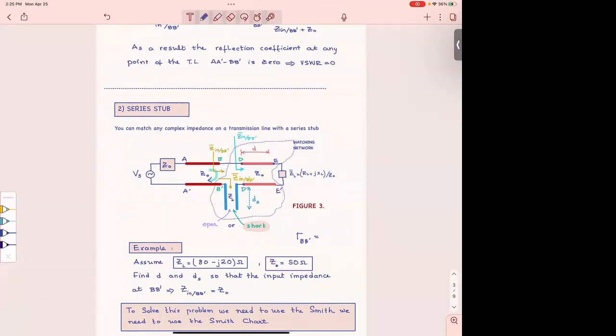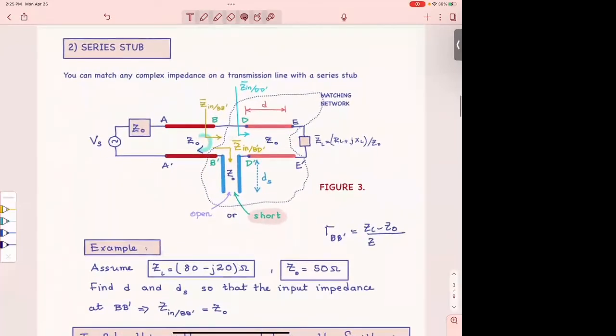Gamma at BB prime equals Z in at BB prime minus Z naught over Z in at BB prime plus Z naught.